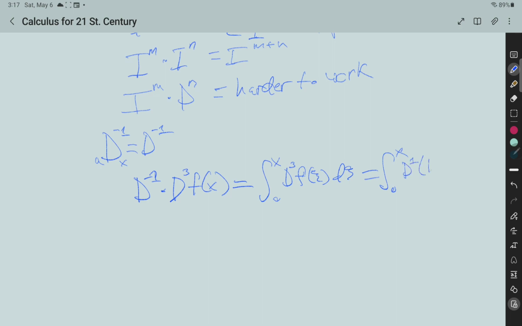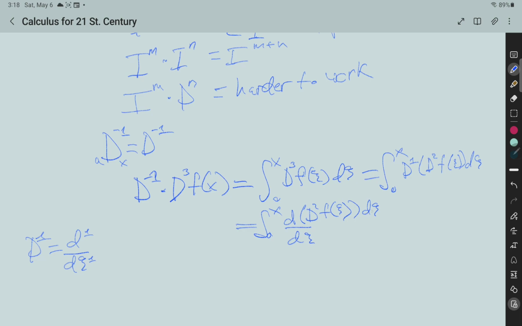So what you're left with is D to the 2 power of f of c. Okay. Well, D to the 1 power is the same thing as D. So then this here becomes the integral from a to x of D, D squared of f of c, dc.